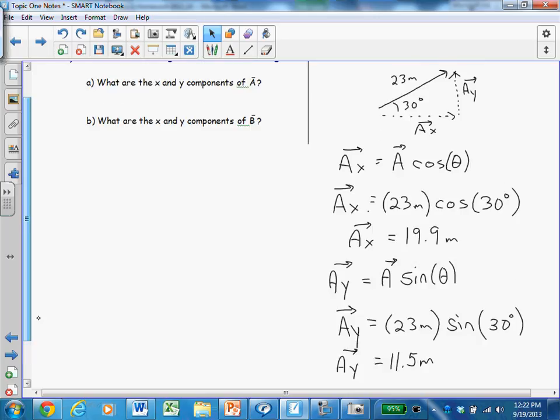That's the component of A in the X direction is about 20 meters. And the component of A in the Y direction is about 11.5. And the Y would be positive, and the X would be positive as well.